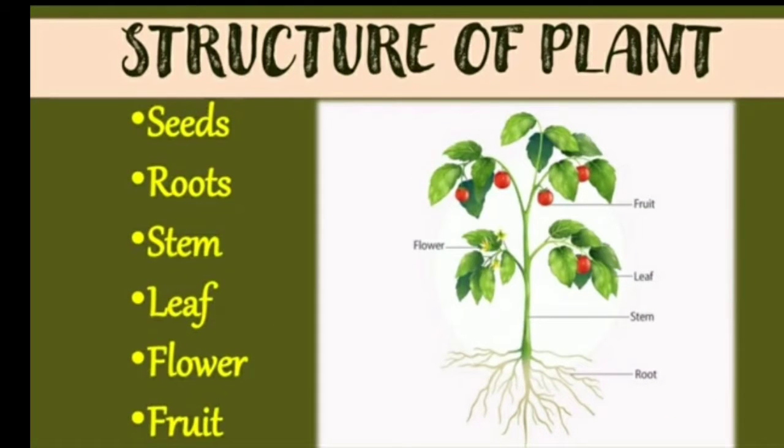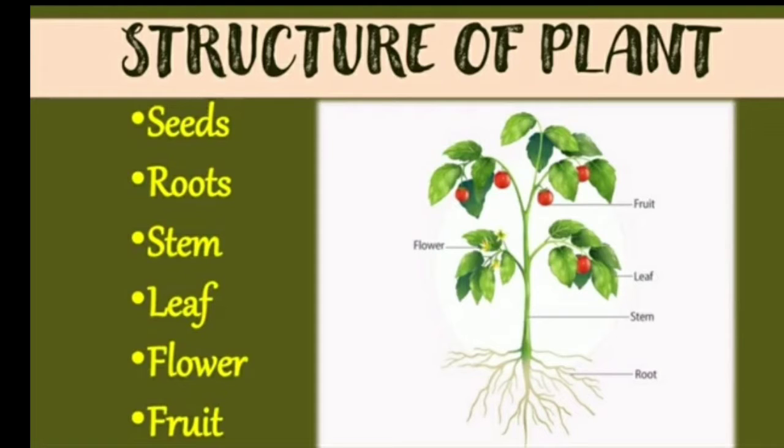Children, we are going to study the structure of a plant. How can we say that the object or the organism which we see is a plant? How can we differentiate it? We can differentiate them by the different parts of the plants, right?